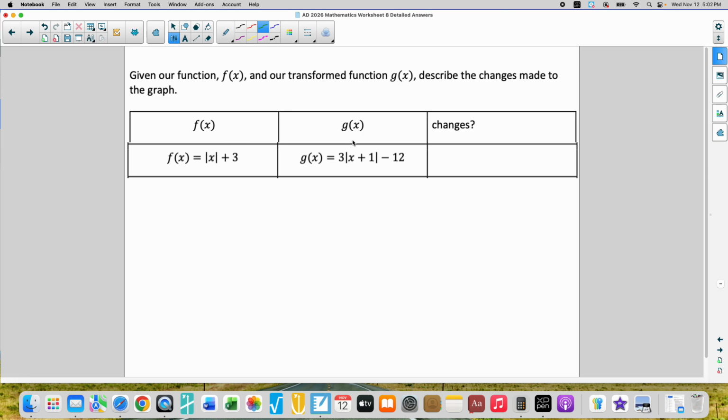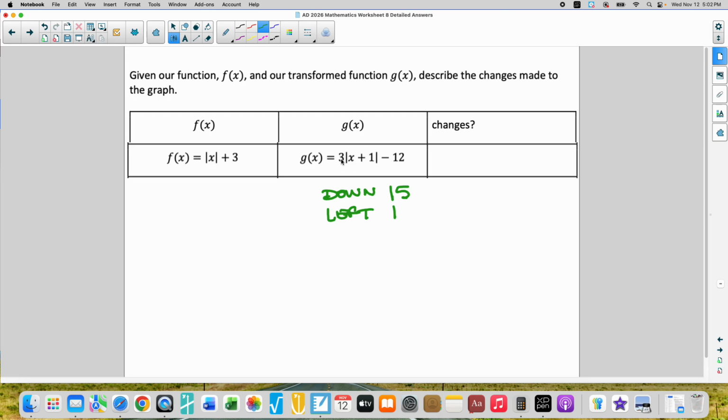Here's the parent. What are we doing? So it's already shifted up 3, and now it's going to go down not only the 3, but the 12. So it's going down 15, because it's already raised 3, and now it's going to go down to negative 12. So 3 to negative 12 is 15. It's going to go left 1, because it's always the opposite of what's inside here.